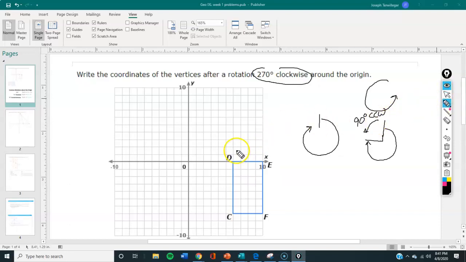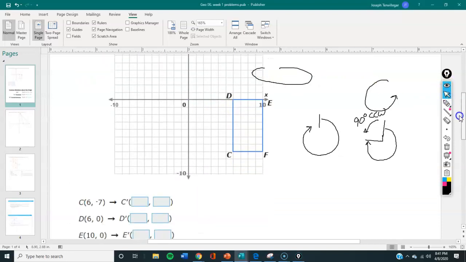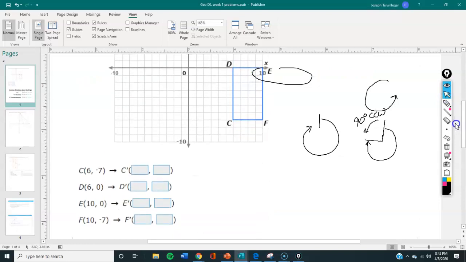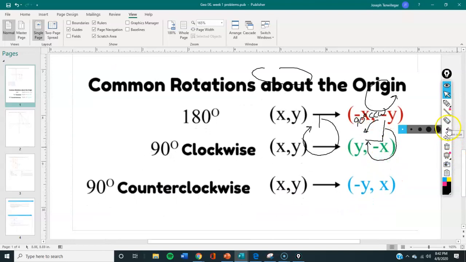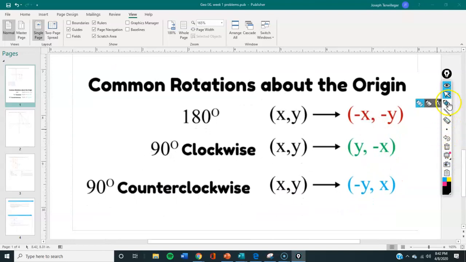Now, I could go through and do my rules and get it up there, but I'm not going to. I'm going to cheat and use these drawings right here. Y'all remember this? So we have our counterclockwise, we have a clockwise, and we have 180.